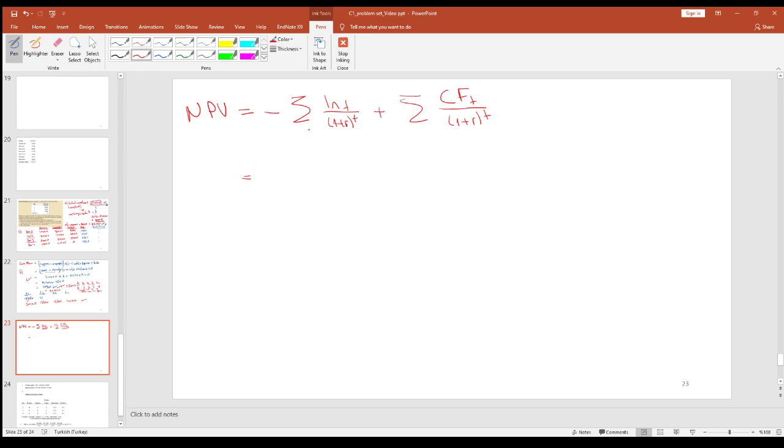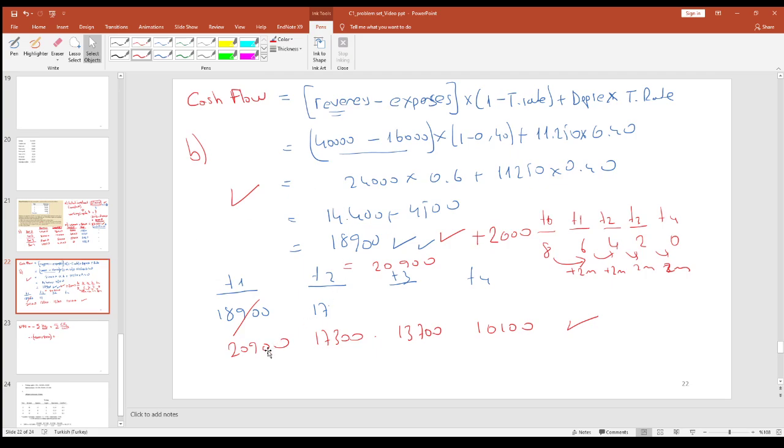So in this case you have 45,000 immediate investment plus 8,000 working capital, and your operating cash flows are this.